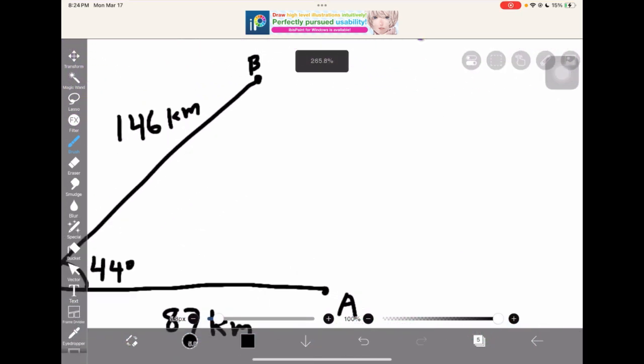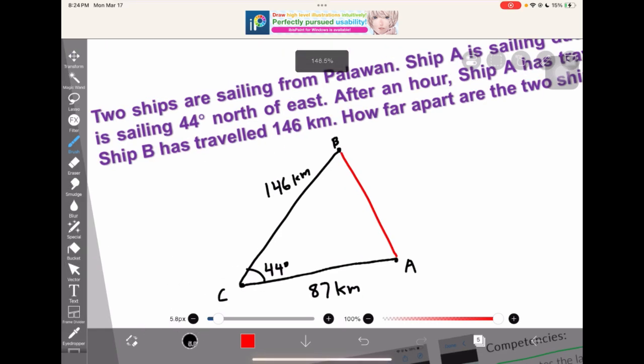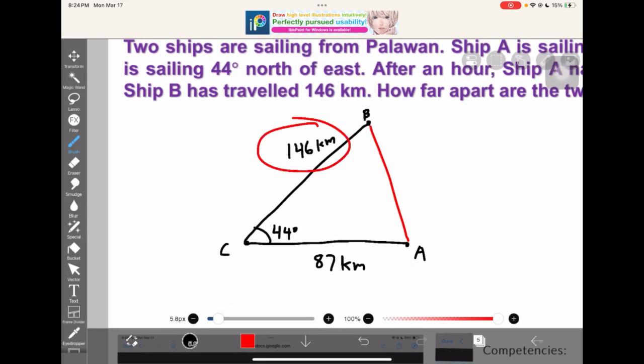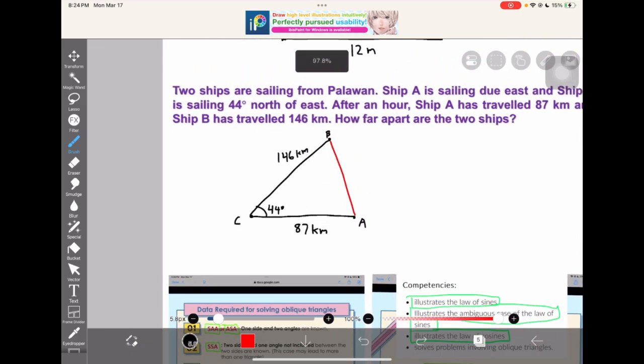And we want to figure out how far apart they are. So we're finding this red line over here. We have a side, an angle, and a side. Sorry, this is SAS, which means we need to use the law of cosines.